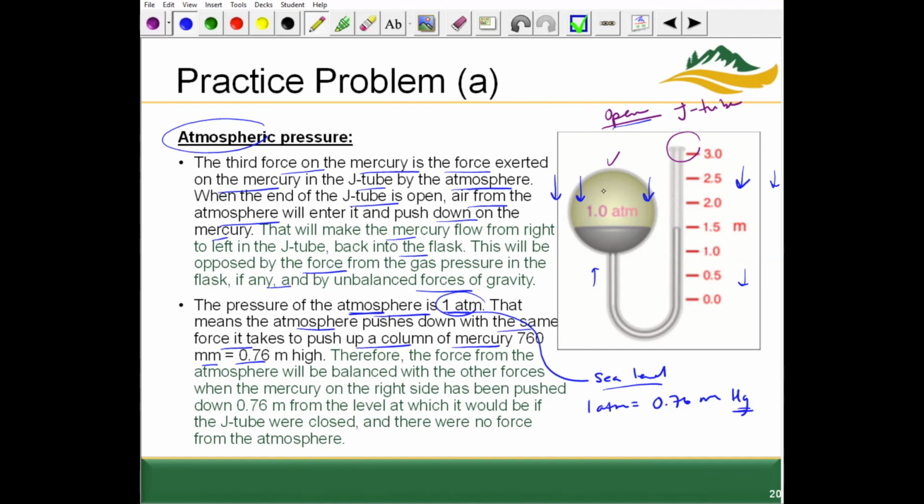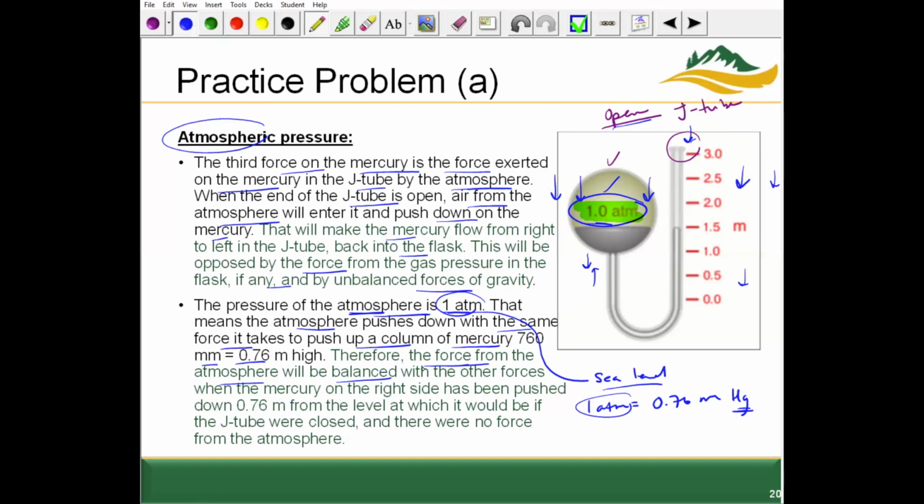So now we have this gas in the flask that's at 1 atmosphere, that's pushing the mercury level this way. We also have 1 atmosphere of pressure from the environment that's then pushing the gas this direction. Therefore, the force from the atmosphere will be perfectly in balance with the pressure that this gas has in this flask.